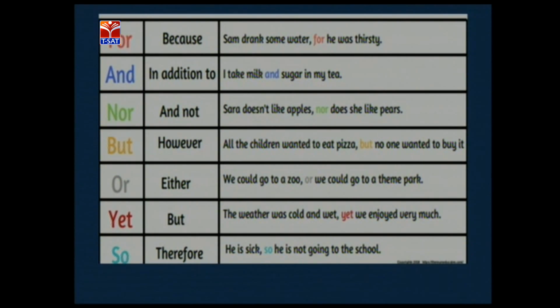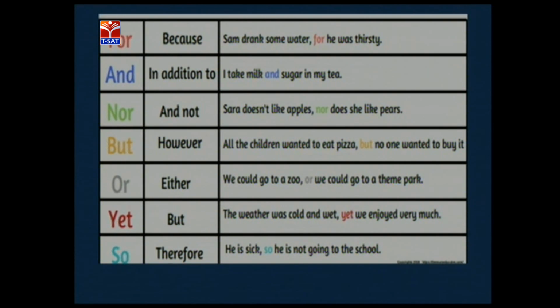See here, for means because. Sam drank some water, for he was thirsty. It also explains cause and effect: he was thirsty, and that is why he drank some water.